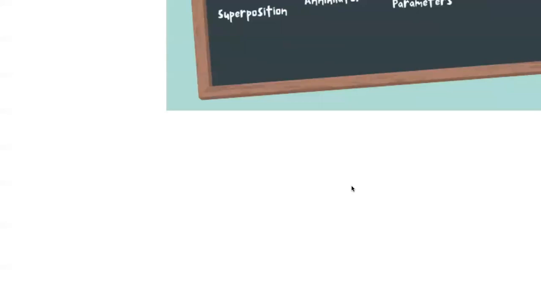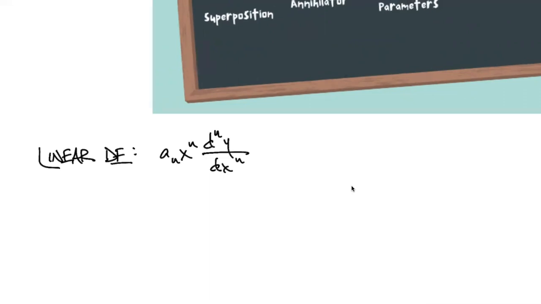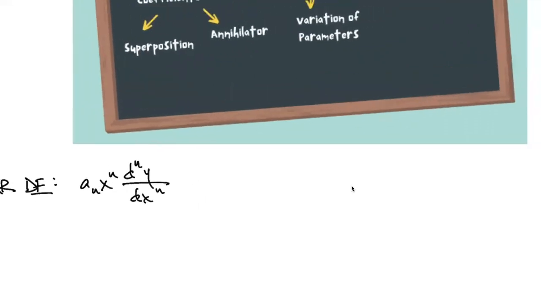But let's remember that we know what a linear differential equation is. Okay. And so a linear differential equation has some coefficients. So let's say a sub n x to the n, and then some corresponding power of a derivative, d^n y/dx^n. That would be the highest order you see in the equation.